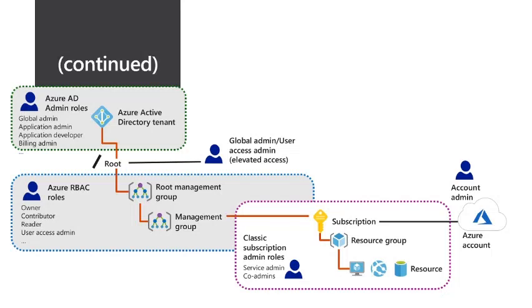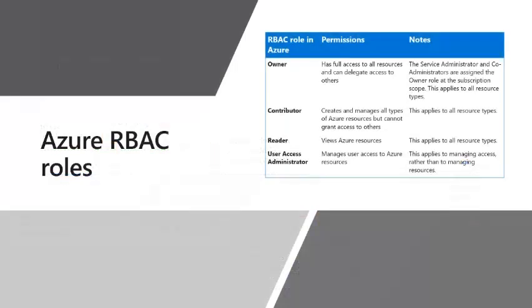So let's say with my email address or with my identity, I have an admin role. That means I don't have to always go to my virtual machine and add RBAC there. If I'm admin somewhere on a subscription, that means for all the resources under that I have that role.